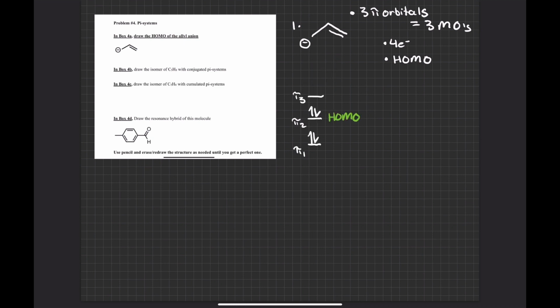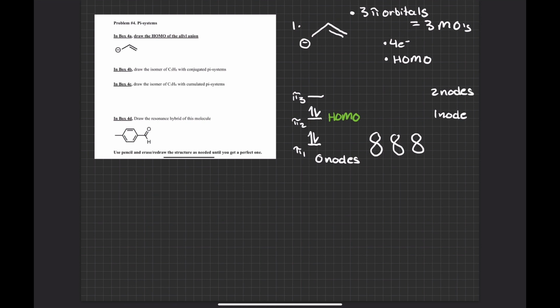However, we also need a visual representation of these pi orbitals. So let's draw them out. With the first orbital, there's going to be 0 nodes. And as you go up the molecular orbitals, there is an addition of 1 node. So the HOMO will have 1 node, and the third one will have 2 nodes.